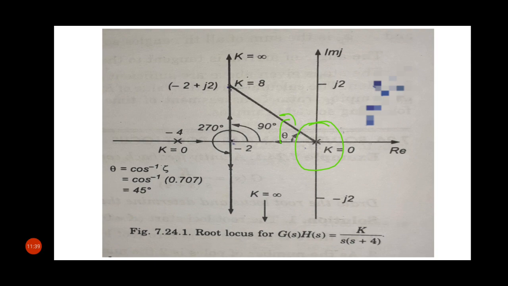As the point s equal to minus 2 plus j2 lies on the root locus, the magnitude condition should be satisfied at s equal to minus 2 plus j2. The magnitude condition is mod of G(s)H(s) equal to 1.